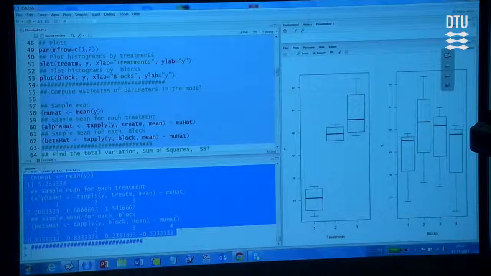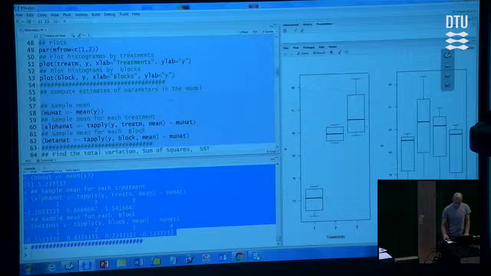The 3 treatment means and the 4 block means. And then I subtract 5.23 from those means. I'm emphasizing this mean thing just to let you remember that everything we do is just looking at these means. That's the purpose of all of this.